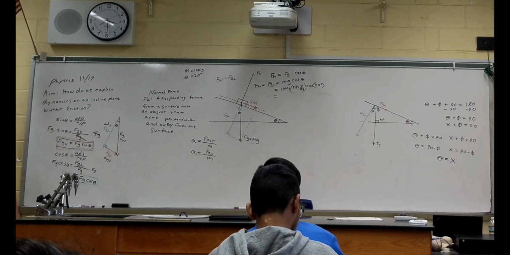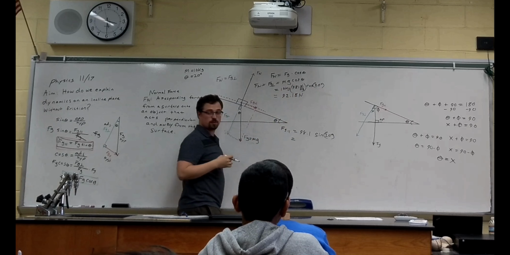Now, for the down the incline part, if you want to find Fg parallel, it's the same concept. It's just going to be this number, which was 98.1 times the sine of 20 degrees. So what's our parallel part? Yeah, because I just took 10 times 9.81, right?